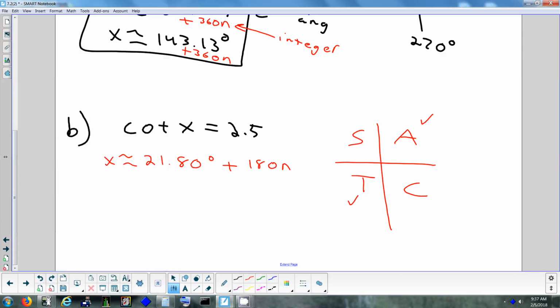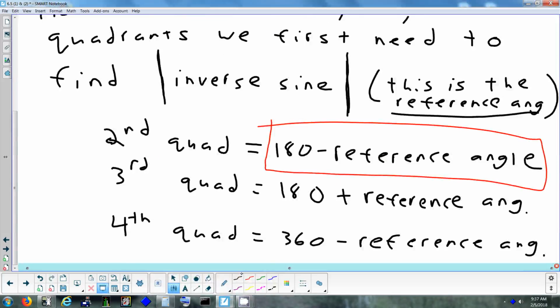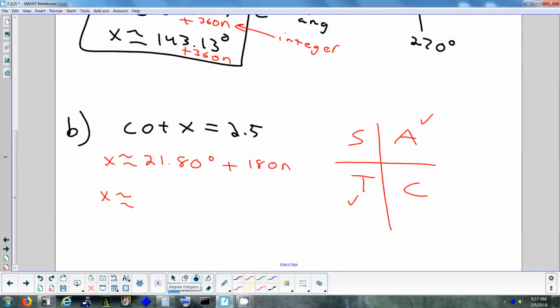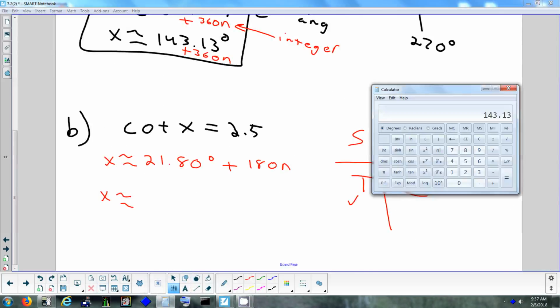Now, Caleb told us earlier we would expect the other answer to this to be in quadrant 3. To find an answer in quadrant 3, it's 180 plus your reference angle. So let's take our reference angle, 21.8, and add it to 180.